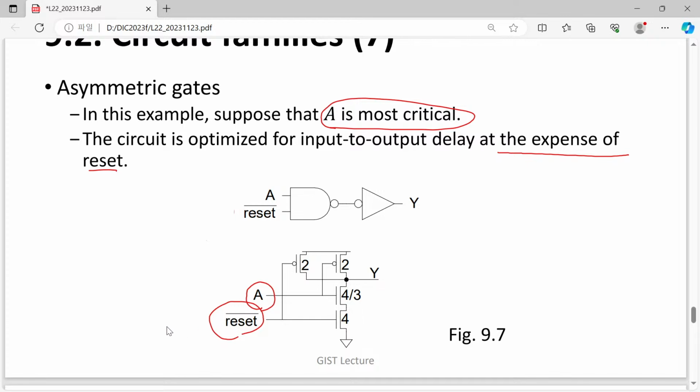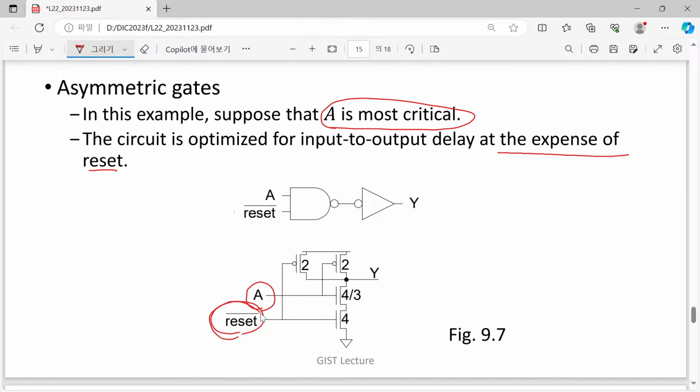Please note that usually reset is just given as 0, so reset bar becomes 1.